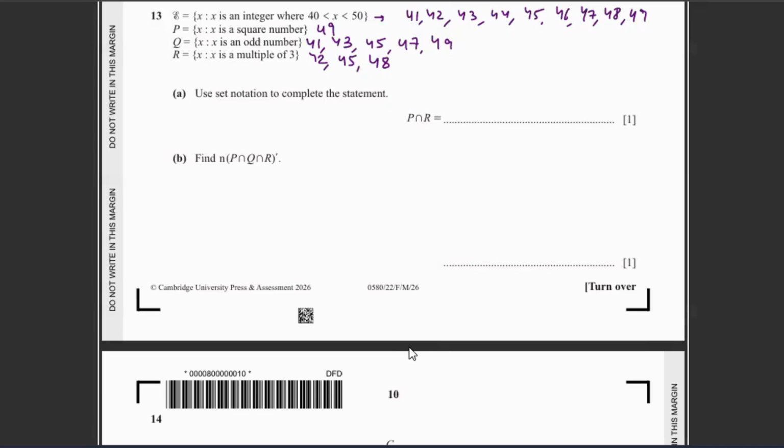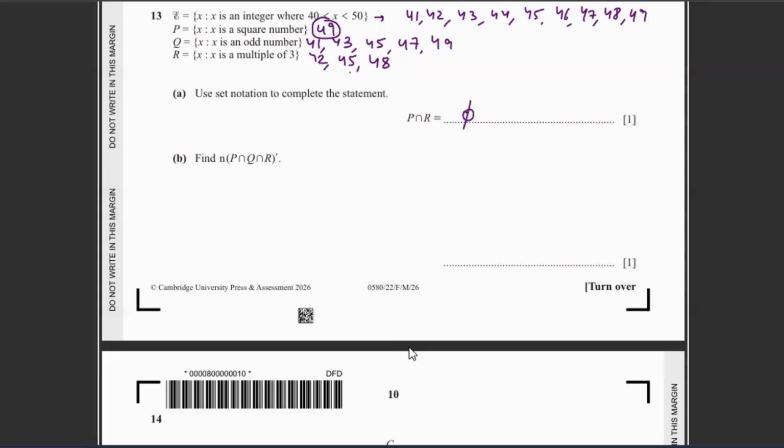Use set notation to complete the statement p intersection r. P is this and intersection r, so nothing is in common. We use the null set. Now find the number of possible values where p intersection q intersection r complement, or we can say the overall.